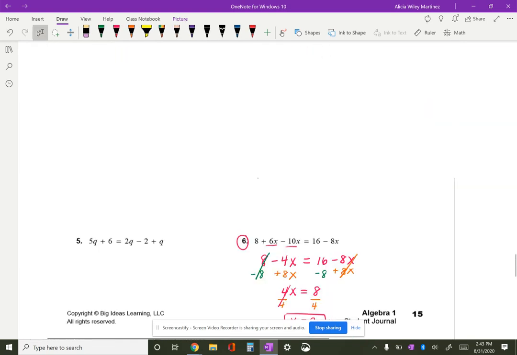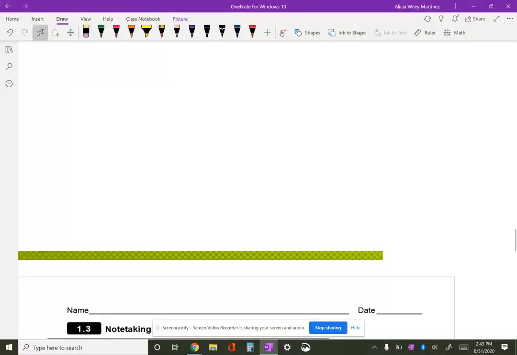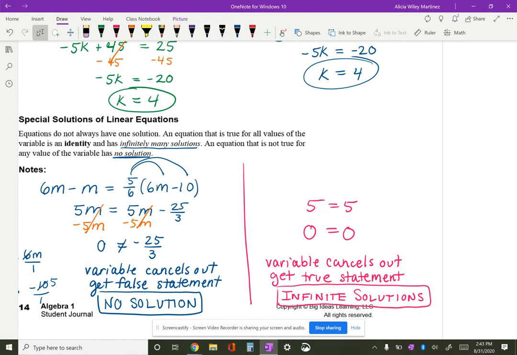So I'm going to go back up to my notes on page 14, where we have already written down: variables cancel out, get a true statement, you get infinite solutions. The other way that you get infinite solutions is if you have an identity. So you have what is called an identity, and that's here and over there.